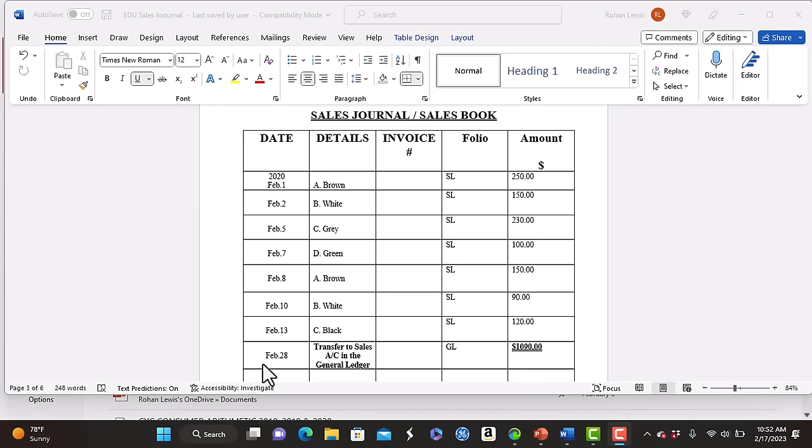And it must be noted that at the end of the month, we transfer all of these transactions to the sales account in the general ledger. Remember now that these are all credit sales. This means that we did not get any payment from these customers for these transactions. Credit sales, sales journal, sales book.